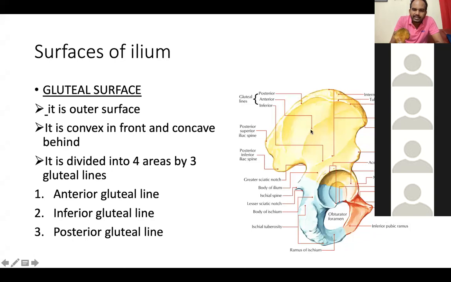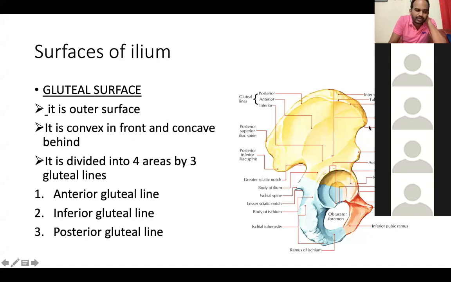This is the anterior gluteal line. And this is the inferior gluteal line. So how many lines do we have? 3 lines. One is the anterior gluteal line, number 2 is the posterior gluteal line, number 3 is the inferior gluteal line.